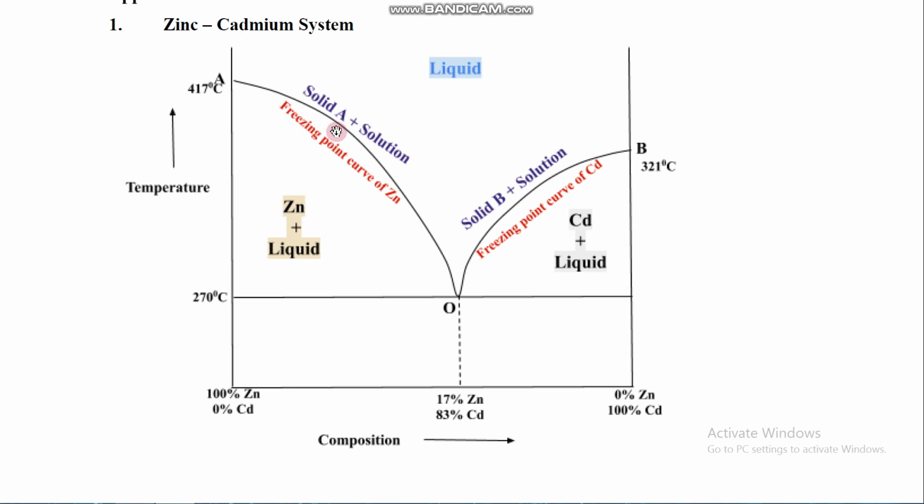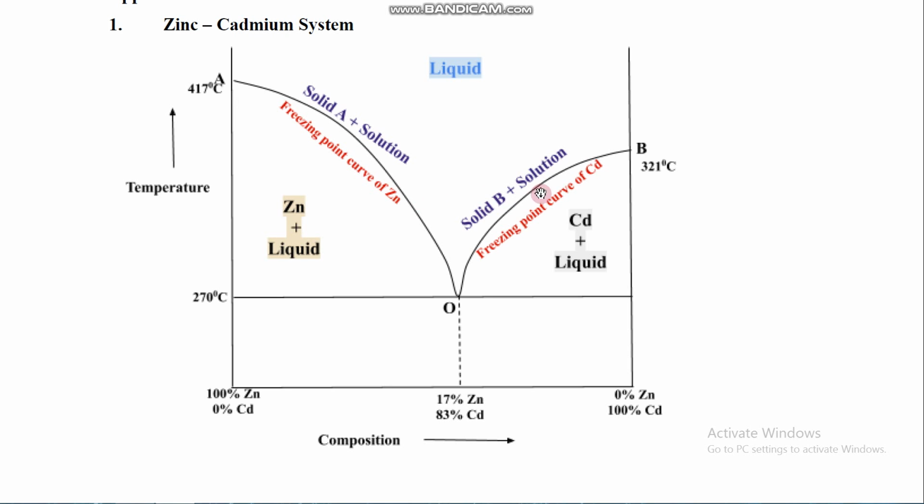So when you apply the reduced phase rule, components are 2, phases are 2, so we will get degree of freedom is 1. It means the system is univariant along the curve AO.